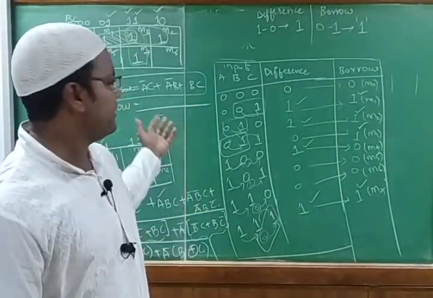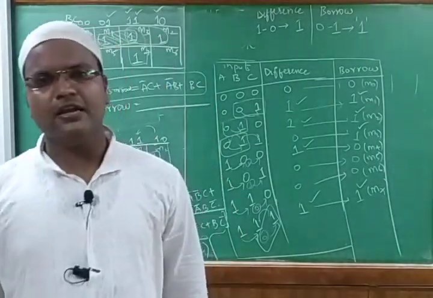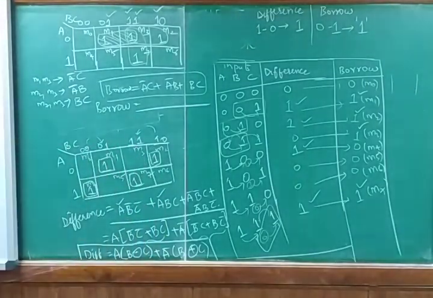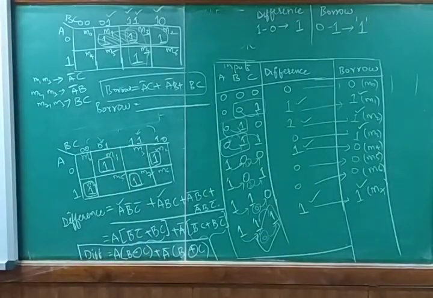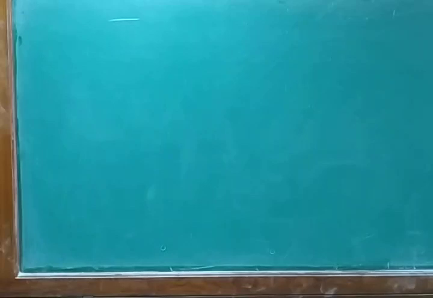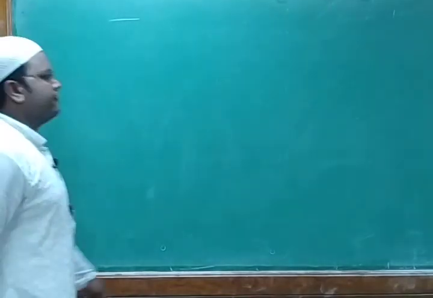Now let us see the designing part of it. How do we design the full subtractor, by considering its min terms? So what did we get, students? We got the difference and we got the borrow.